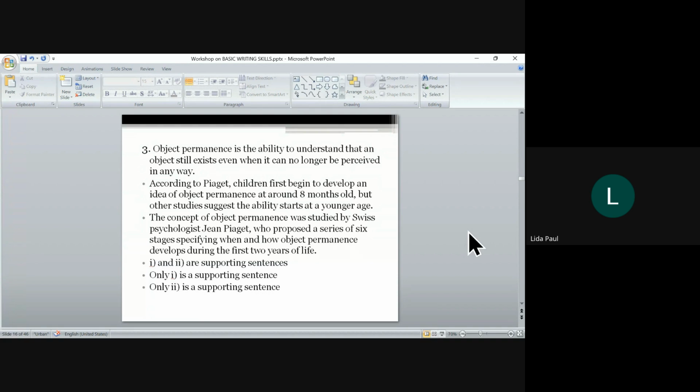Which one do you think is the supporting sentence, according to Piaget, or the concept of object permanence was studied by Swiss psychologists? Or do you think both of them are supporting sentences? What do you think? It's both basically, right? Both of them are like supporting sentences.